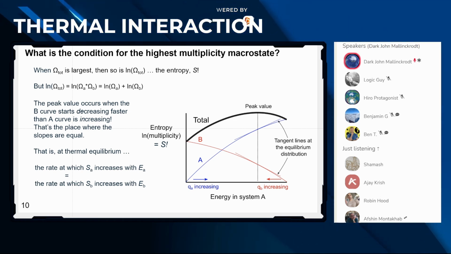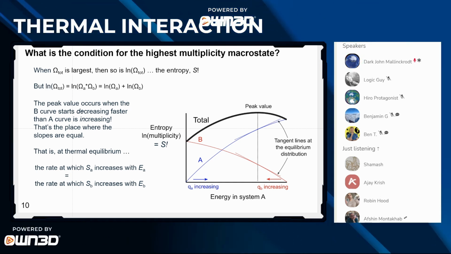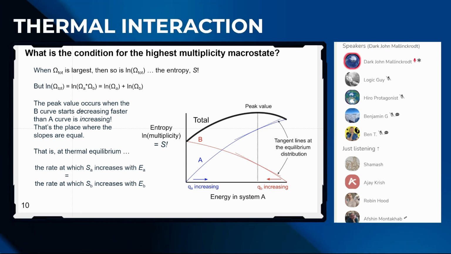Remember, B is whatever's left over after I remove Q from A. So QB will be 0 when all of the energy is in A, and it will be all of the energy when there's 0 energy in A. So basically, the plot of entropy for system B is a mirror image of what it would look like if I plotted it the normal way.